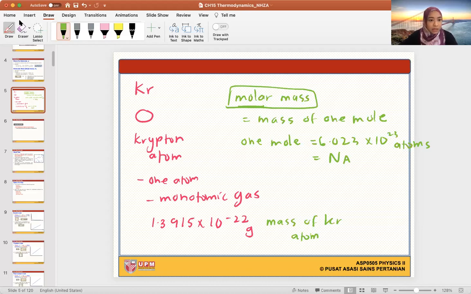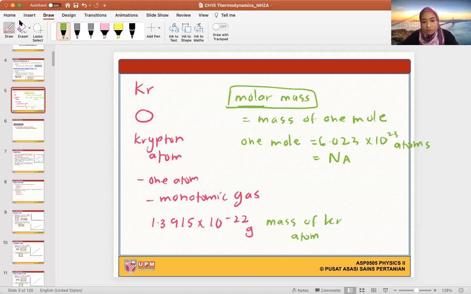Which means that now I have to multiply this with the Na or the Avogadro constant. Okay, Na, which is this amount. Okay, this is something gram over atom, right? When I multiply it with the Na, I get atoms.